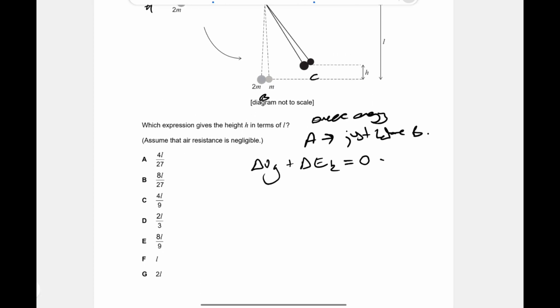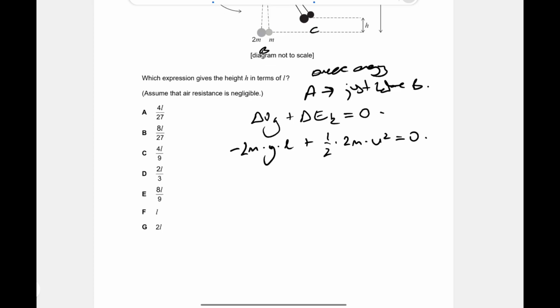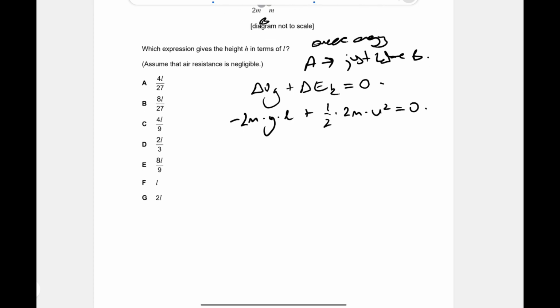So that means it loses 2mgl, and let's say the 2m ball gains a velocity of u by the end of it. So half 2m u squared minus 2mgl equals 0. So that means u squared equals 2gl, so u equals root 2lg.